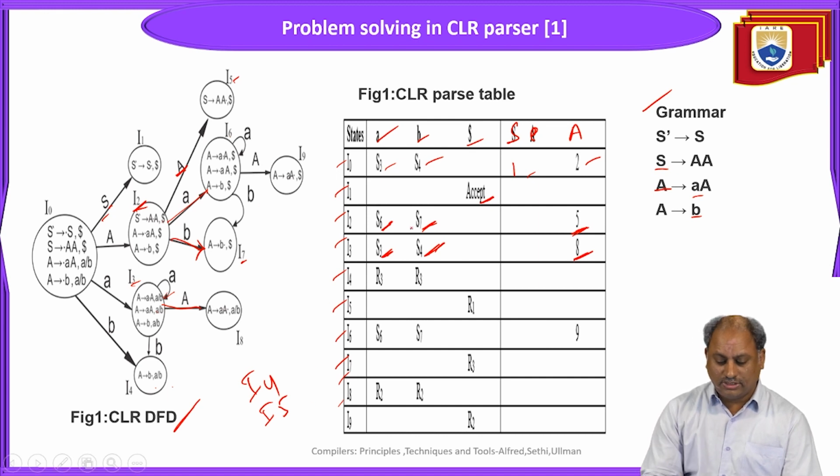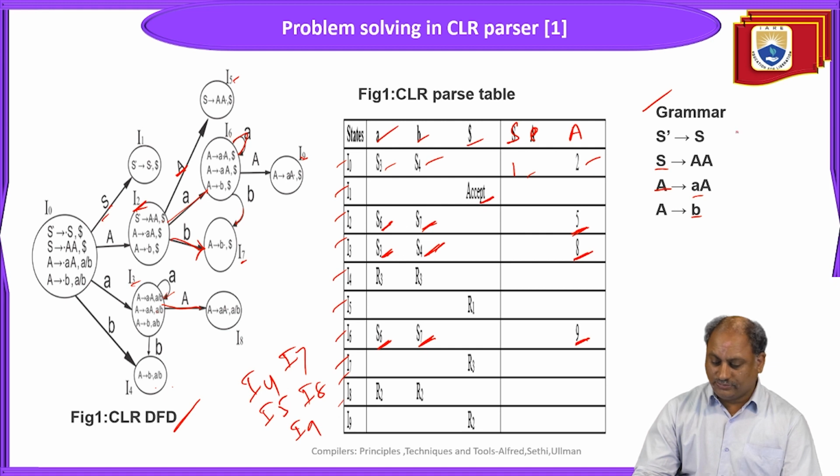For I6, small a reaches the same state, so it is S6, and capital A reaches 9, so we write 9 below A, and small b reaches S7. I7 is also a terminating step, and I8 is also a reduction step. I9 too, because the dot has reached the end and no transition takes place. So I4, I5, I7, I8, I9 can be processed with the help of the given grammar.